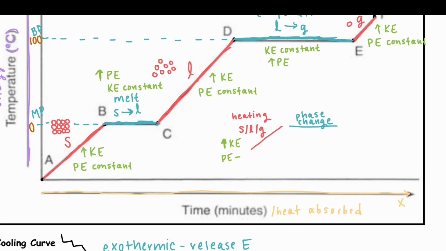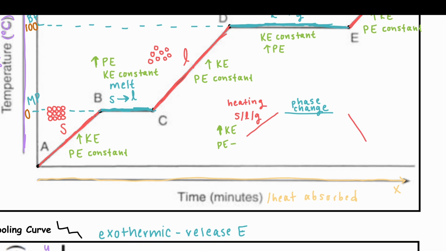Now, if you had a cooling curve and you had a decreasing line, that's when your average kinetic energy is going to be decreasing. The temperature is dropping, but our potential energy is staying the same.